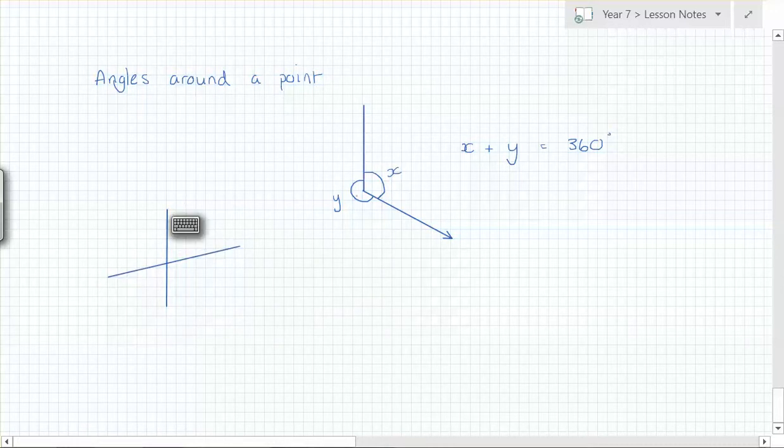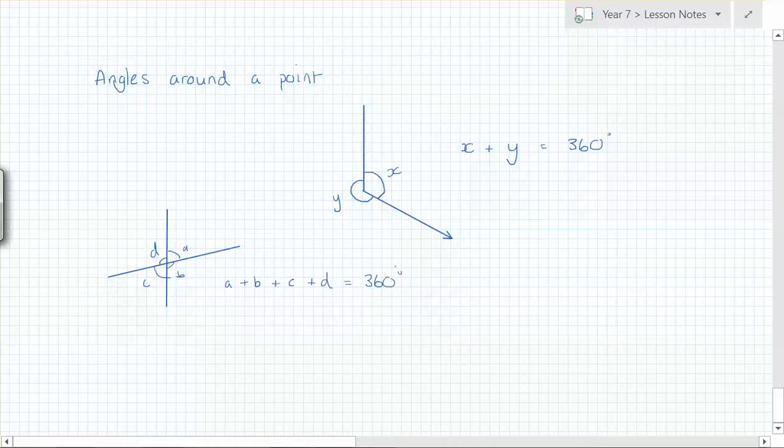How many angles are there? Four. Let's say angles A, B, C and D, so A plus B plus C plus D equals 360.